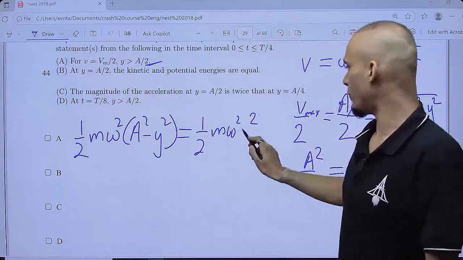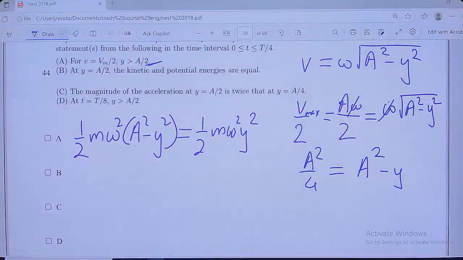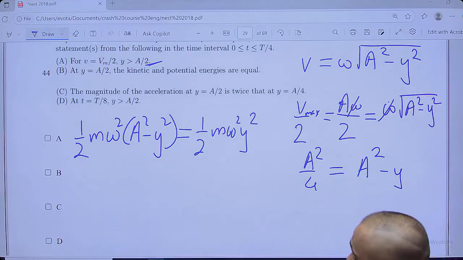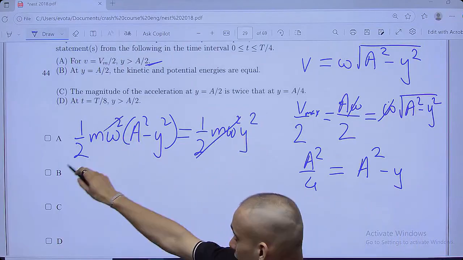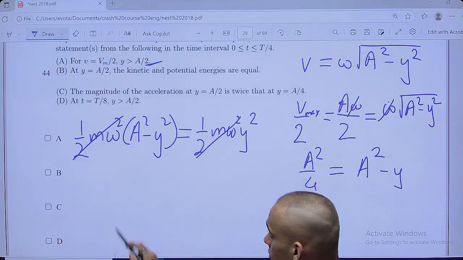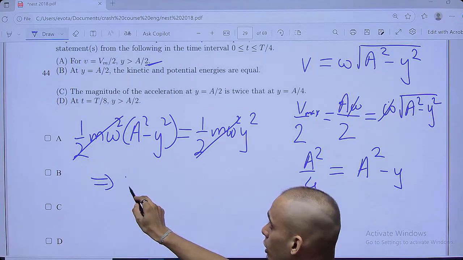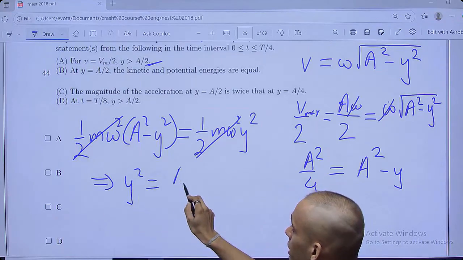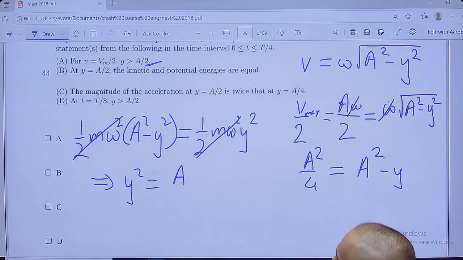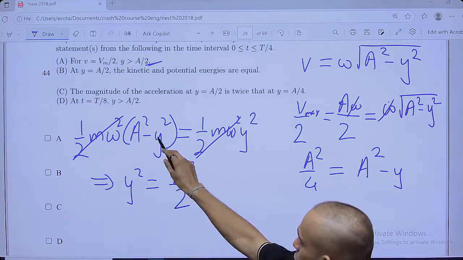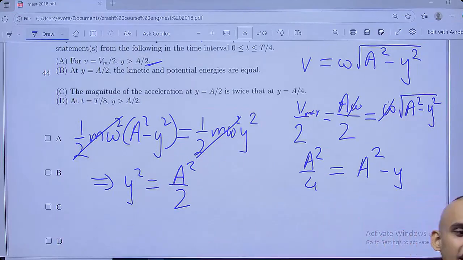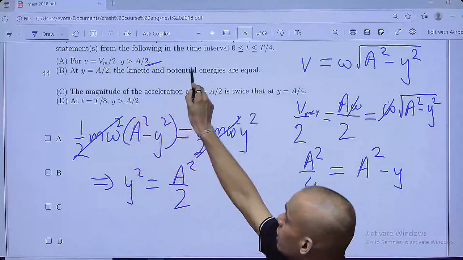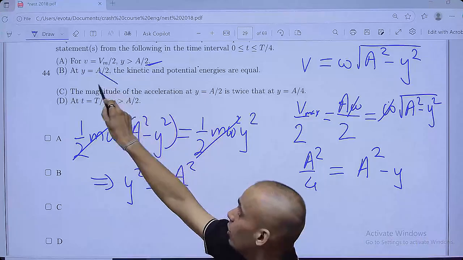Displacement is given to be y. This is the condition when kinetic and potential energy will be equal. Half m omega square gets cancelled on both sides, and we get the value of y square to be a square upon 2, because 2y square will be equal to a square, and y is equal to a by root 2. Y is coming as a by root 2. Option says a by 2. So option B will not be correct.